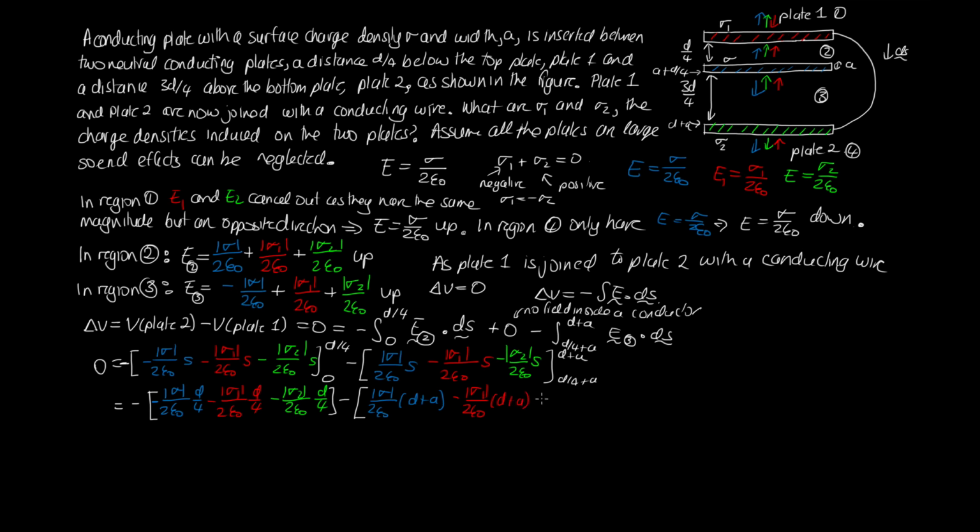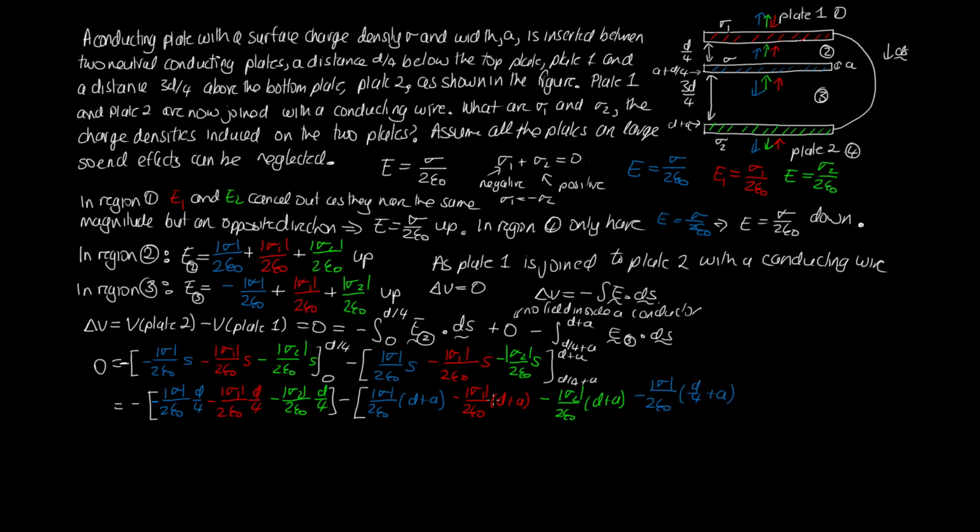And then minus sigma 2 over 2 epsilon naught times d plus a. And then we substitute in the second one and subtract it off. So we have got minus sigma over 2 epsilon naught, and this will be d on 4 plus a.